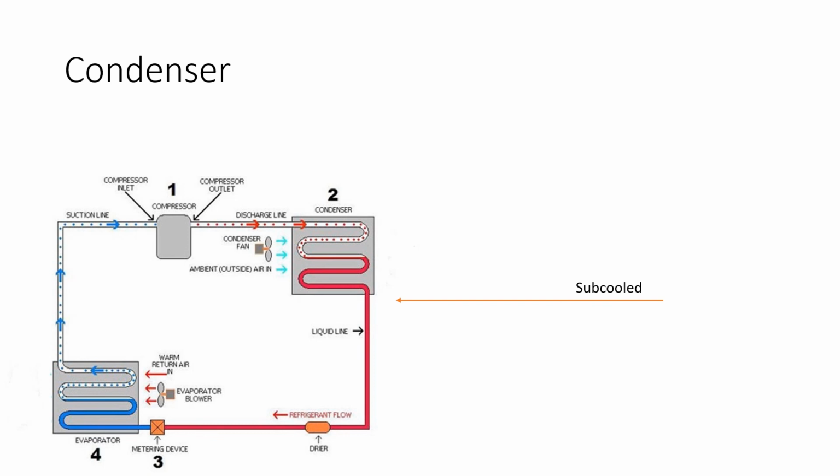When we're talking about the condenser, it is basically the opposite of an evaporator. So we come out of the compressor as a superheated vapor, and it discharges through the discharge line into the condenser, and it comes in as a gas or a vapor. And as the air flows across that coil and it starts to pull some of the heat away from that out into the ambient air, the outdoor air, it starts to change the state of the refrigerant back, right?